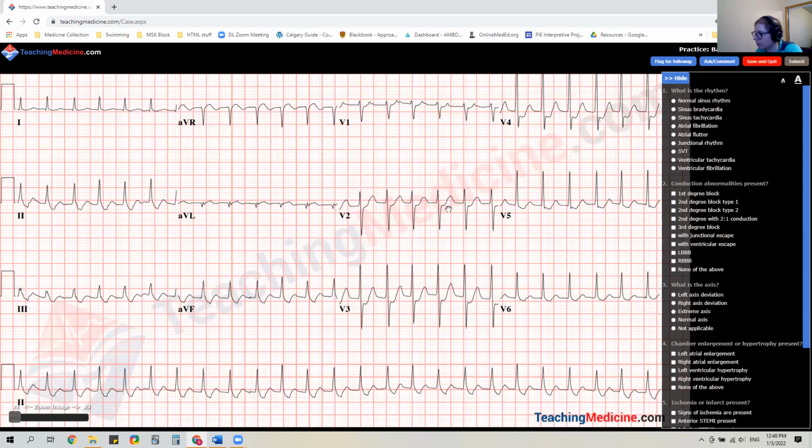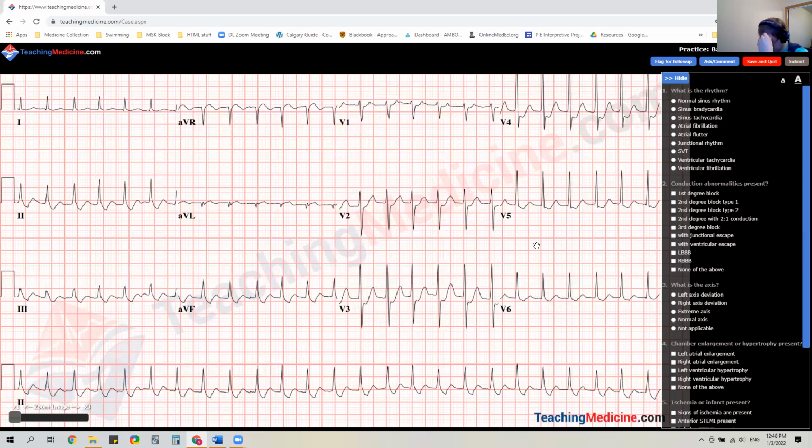No Q, no Q, no Q, no Q. ST segment, depressed, depressed, depressed, depressed. So this is diffuse depression again. T waves are normal. R's, I'd say normal. Interpretation, diffuse ST depression.